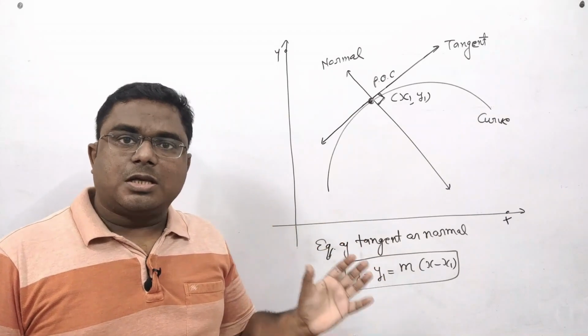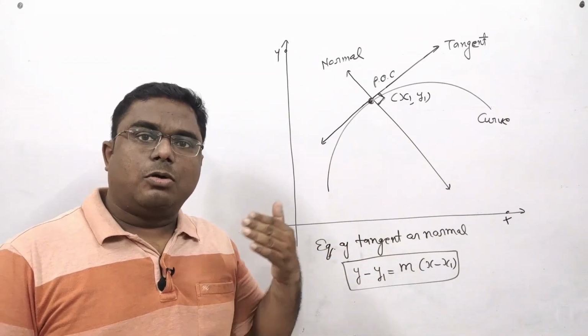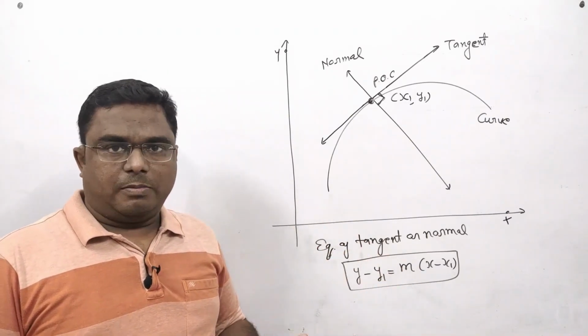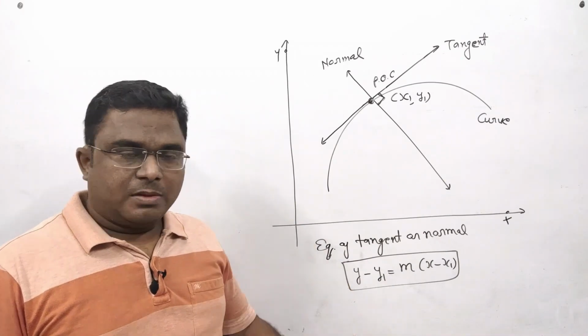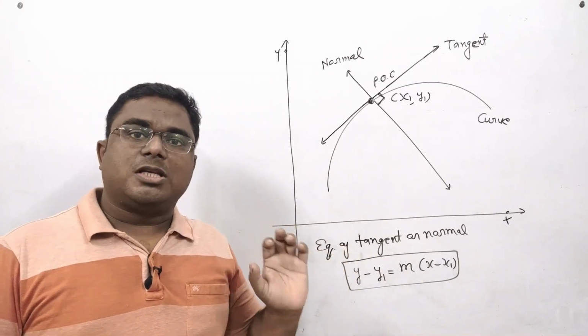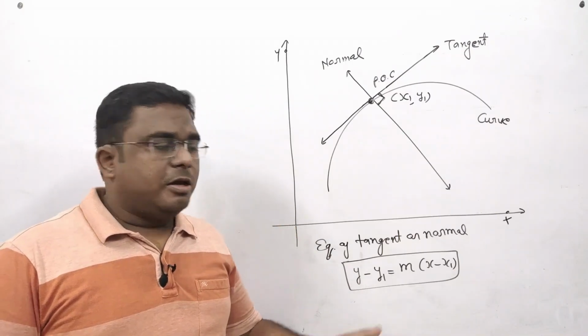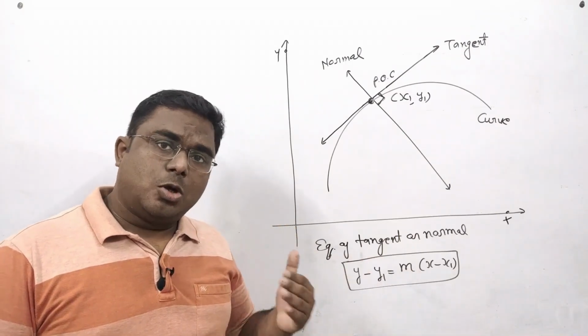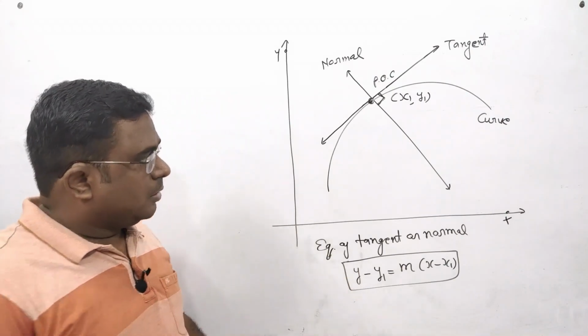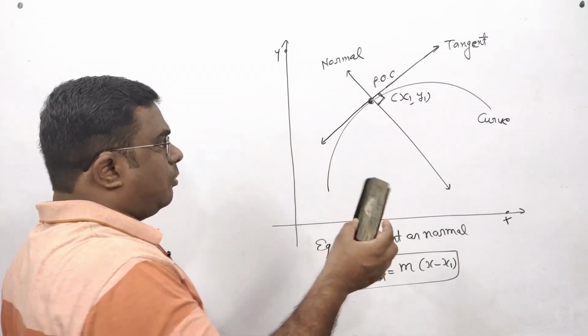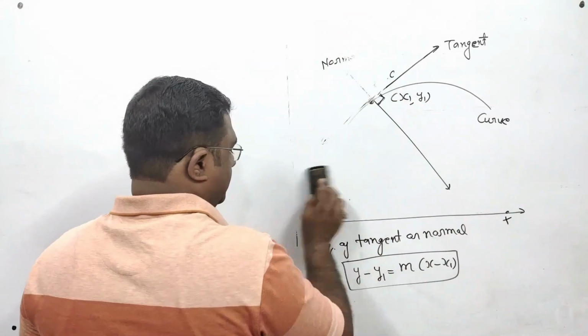So m is the slope of tangent or normal according to our requirement. If we have to find tangent, then in place of m we will put the slope of tangent, and if we are finding normal, then in place of m we will put the slope of normal. Now what is the use of derivative here?